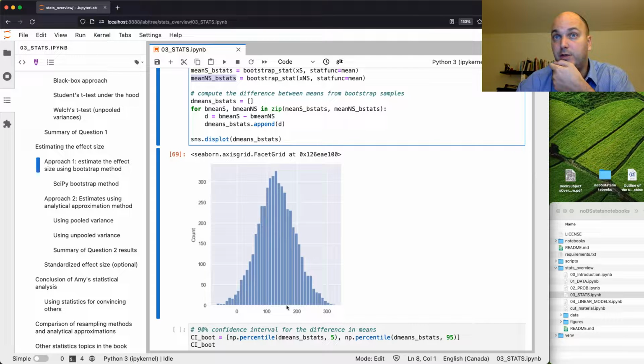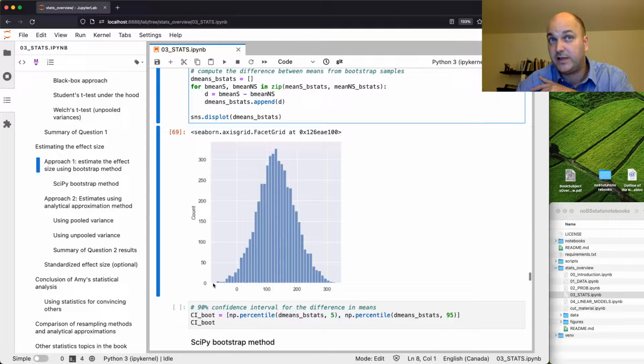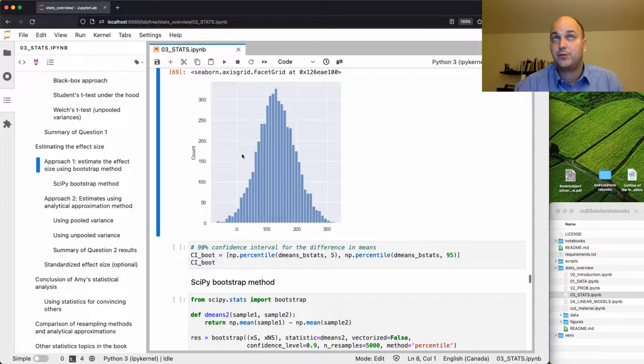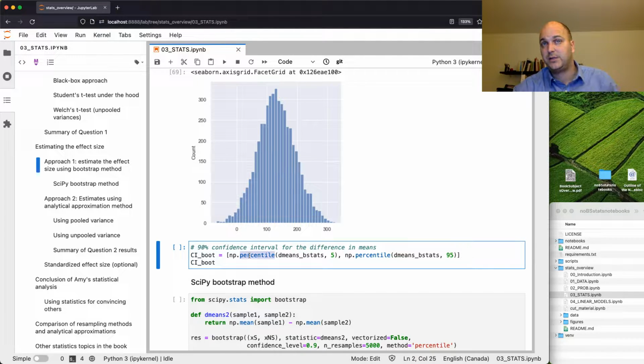Now, we know that the actual difference between the population means, although it's peaked at 130, could have quite a lot of variability. It could even be negative, as far as this bootstrap estimation is concerned. Now, when our goal is to give a 90% confidence interval, what we're going to do is take 90% of the weight. So we're going to cut off somewhere here and here. The function percentile does exactly this.